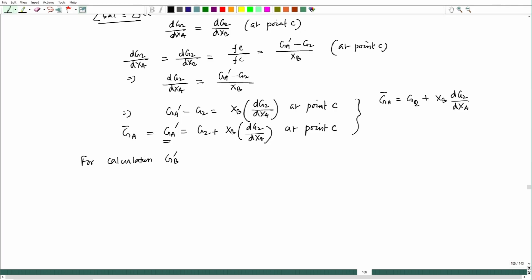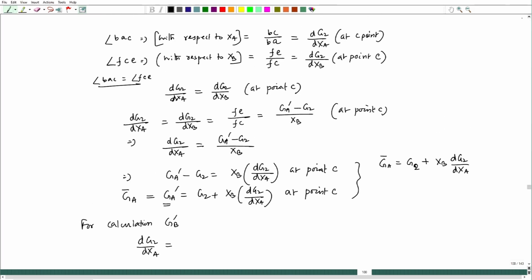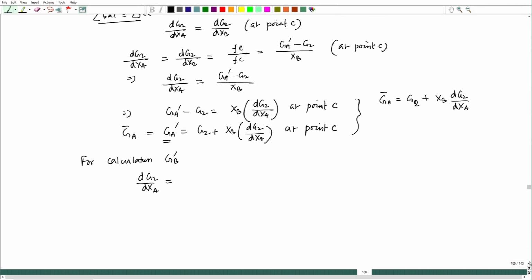Okay. So, now for calculation of GB prime, I can take this angle dG2/dXA with reference to A. I can write this one as BC by BA. So, BC is nothing but G2 minus GB prime, and BA is nothing but minus of AB, so I can write G2 minus GB prime over minus XA.